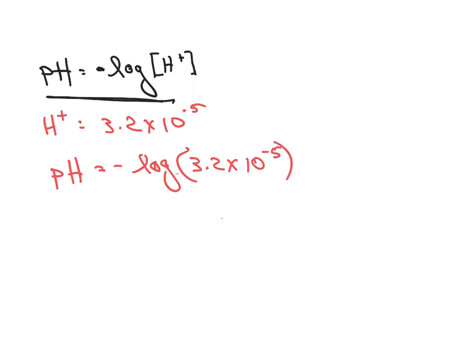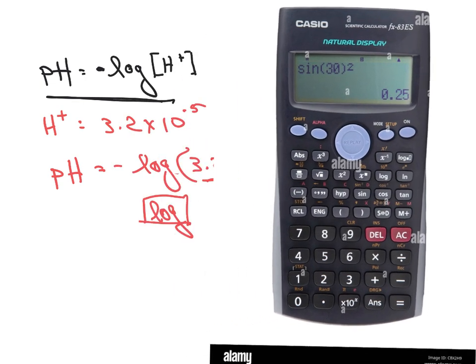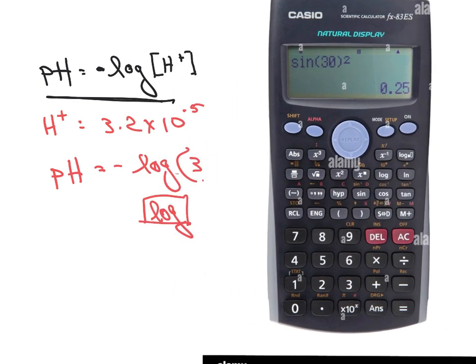Okay, so now we have to use our log key on this one. So we're going to hit our log key, log. We're going to put this number in there. Now, some of your calculators may have all kinds of different things on here. Let me bring that other calculator up here and see what key theirs has for putting something like 3.2 times 10 to the minus 5.